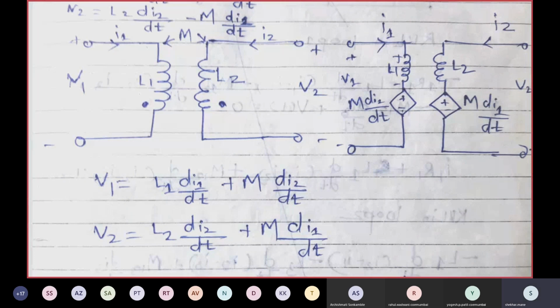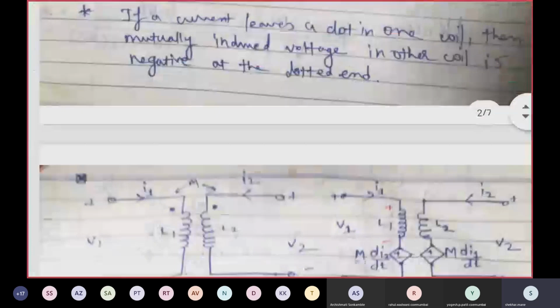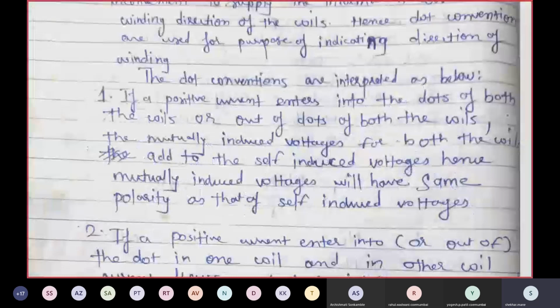That's why I have written this first line here. You can see this first line. If a current enters into dots of both the coils or comes out of dots of both the coils, then mutually induced voltages for both the coils add to the self-induced voltages.